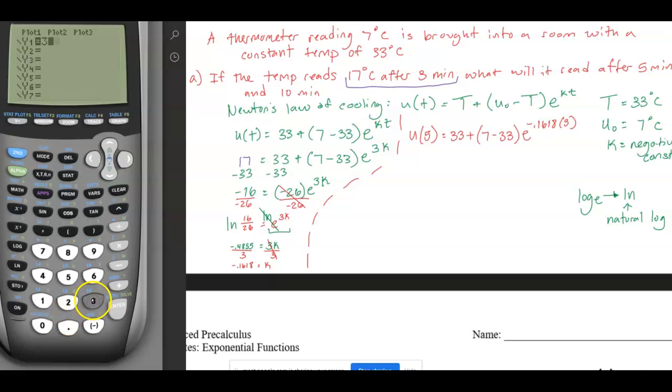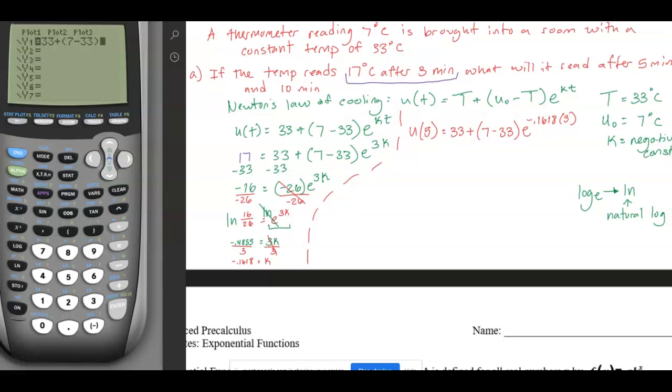So we have 33 plus 7 minus e raised to negative 0.618 times our variable.